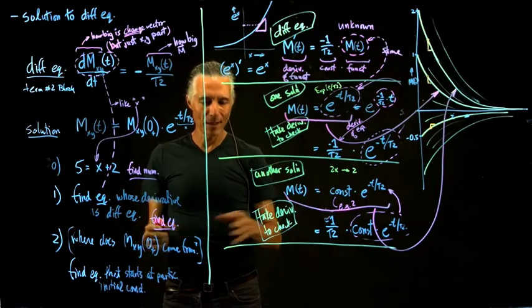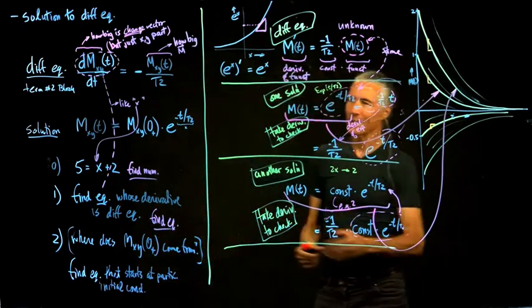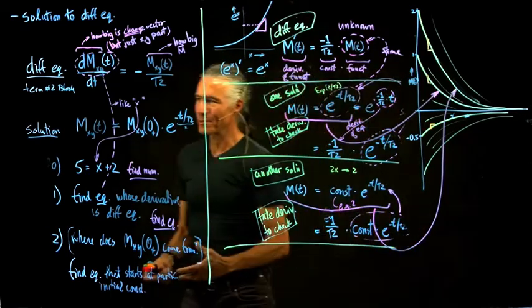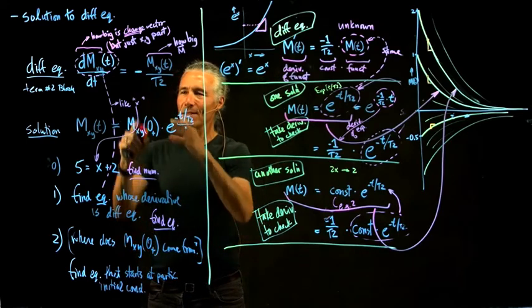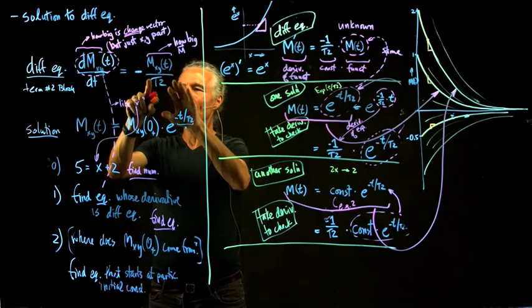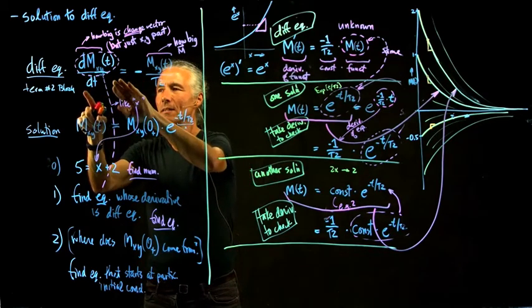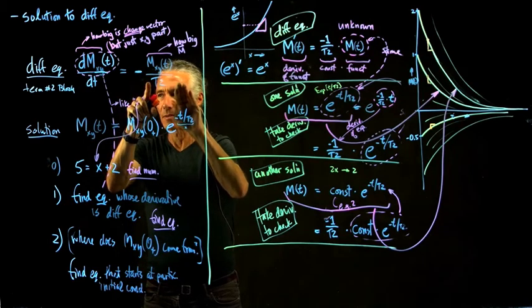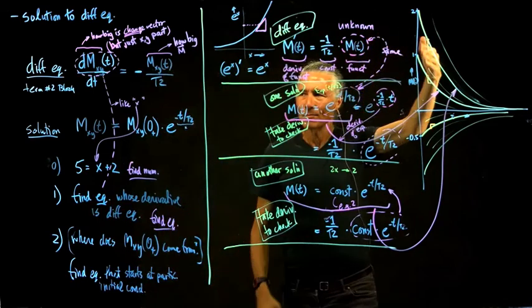Or a predator eating prey, and as they keep eating, there's less prey left, and it gets harder to find them. There are zillions of physical processes that depend on the amount that's left. So this says the change is equal to the negative of the amount that's left. The negative is important because that's why it's always going down.